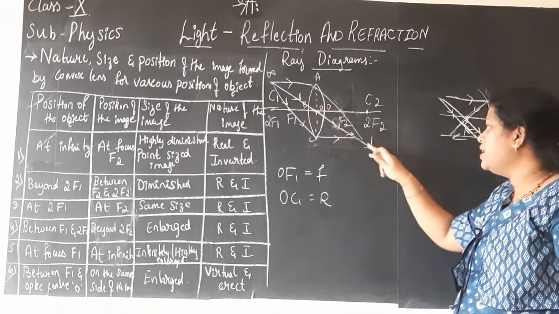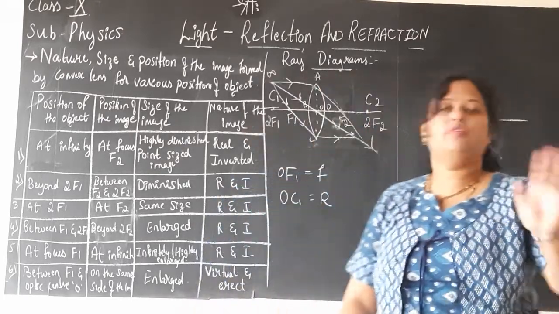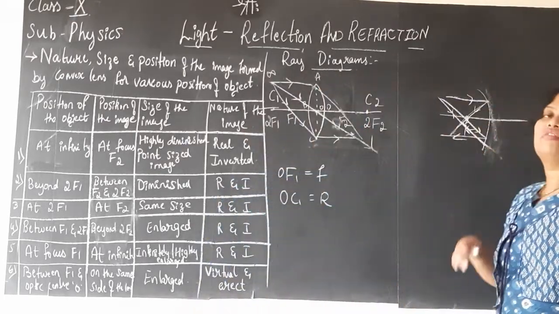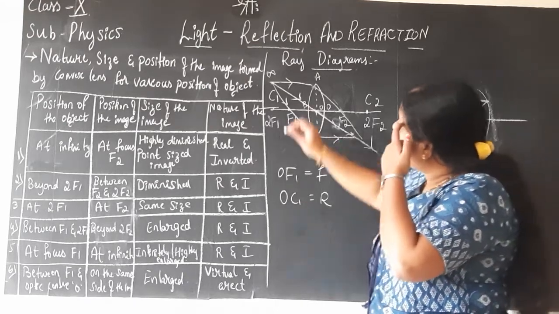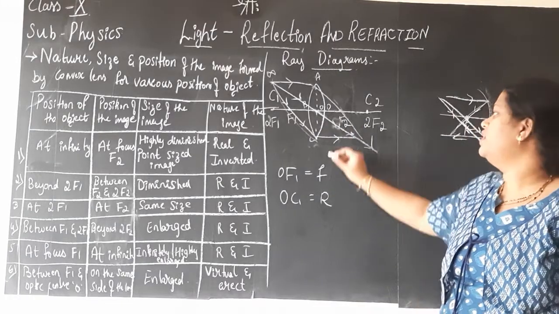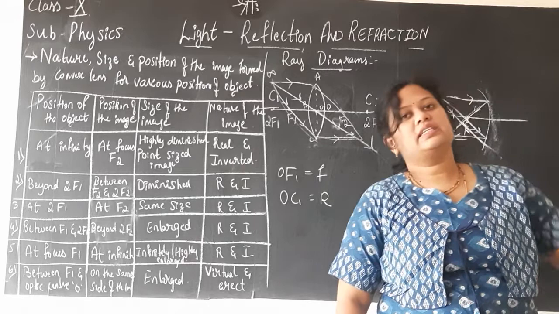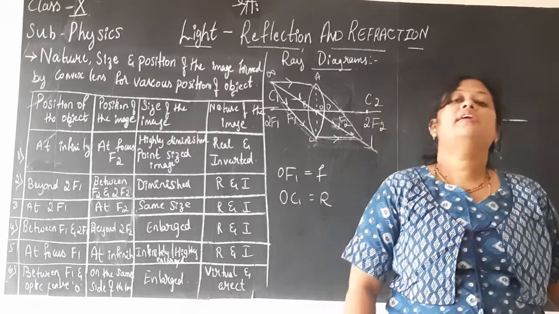Why? The ray will pass without any deviation if it is passing through the optic center of the lens. It will not retrace as in case of the mirror. If you are drawing the ray of light passing through the principal focus of the lens, then the refracted ray will emerge parallel to the principal axis, again on the other side of the lens.